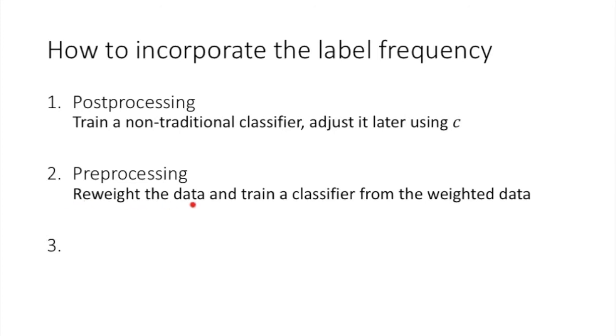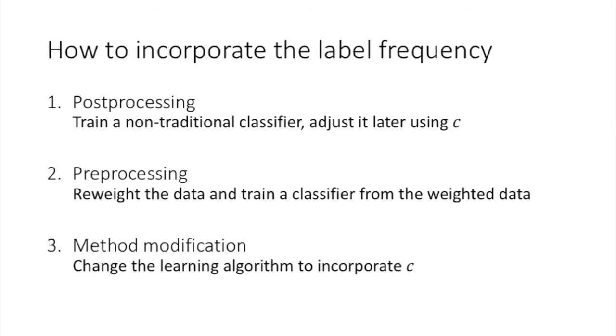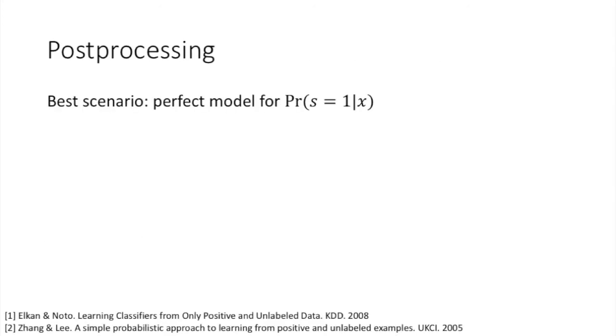For the way to re-weight the data, we use the labeling frequency C. Lastly, there is the modification method, where we actually change the learning algorithm for a certain classifier to incorporate the labeling frequency C. Let's start with the post-processing methods.